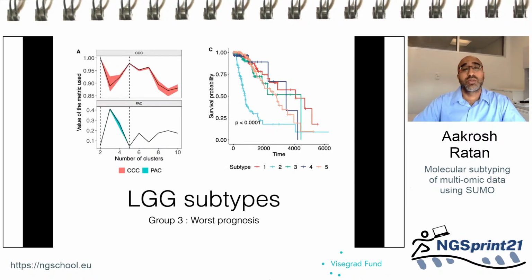As I mentioned, SUMO uses a resampling technique. As a consequence of that, what you get is a measure called the proportion of ambiguously clustered pairs.